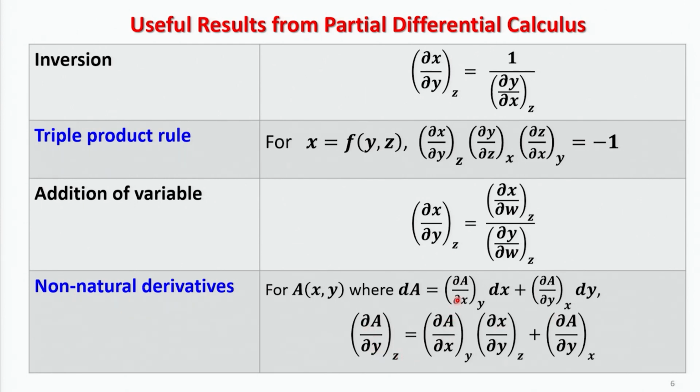Please see that there was no z in the right hand side of this expression for the exact differential of A. But now, I have to find out what is happening to A when it is varying with the variation of y under the constancy of z. Very quickly you can express this as del A del x at constant y, this coefficient remains the same, but now I must have del x del y, how this variation occurs when z is held constant.